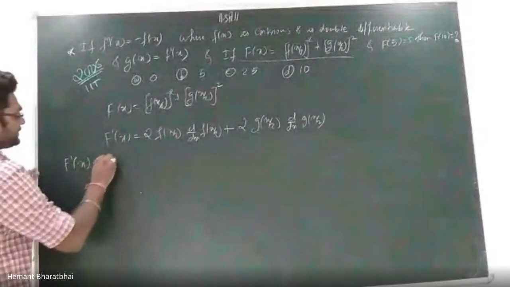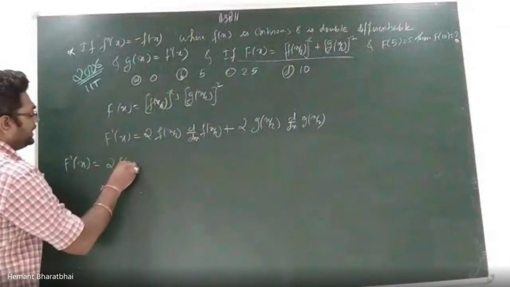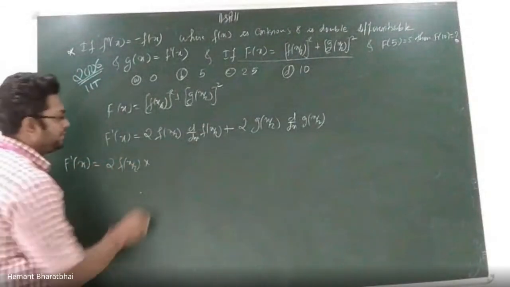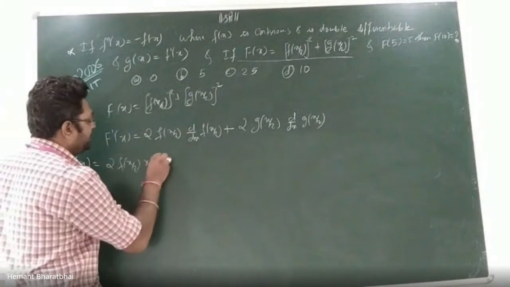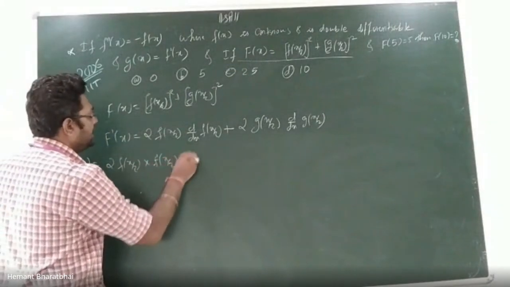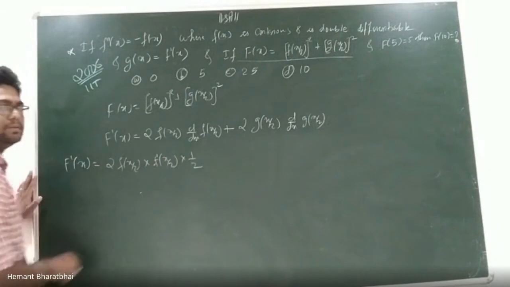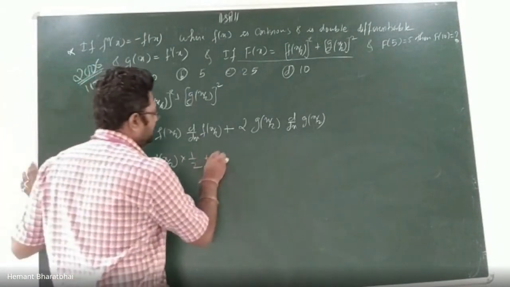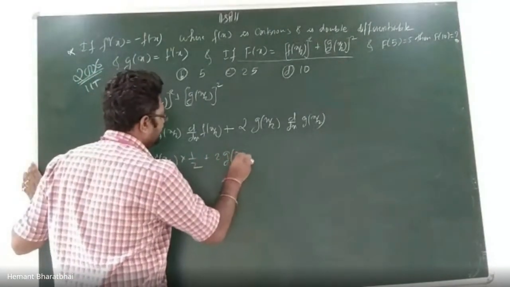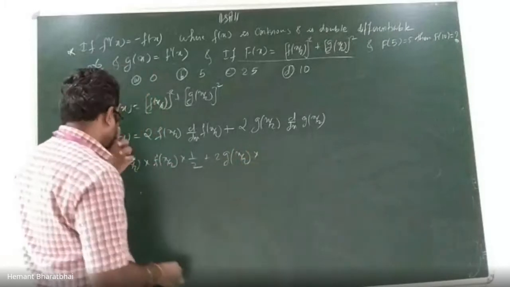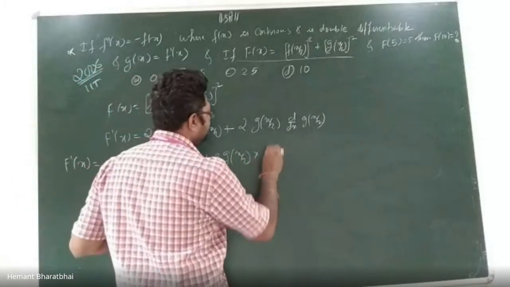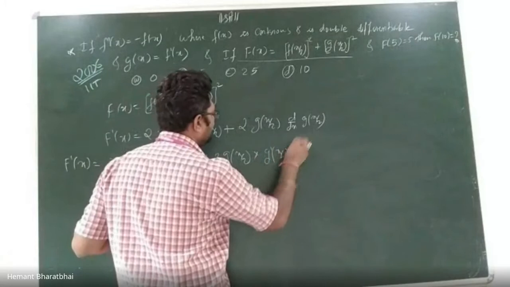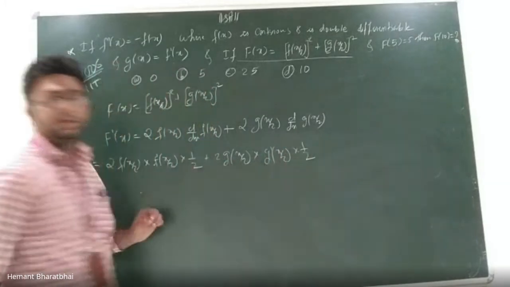F dash of x is equal to 2 into f of x by 2 into derivative of f of x by 2, which will be f dash of x by 2 into derivative of x by 2, which is 1 by 2 as per the chain rule, plus 2 into g of x by 2 into g dash of x by 2 into 1 by 2.